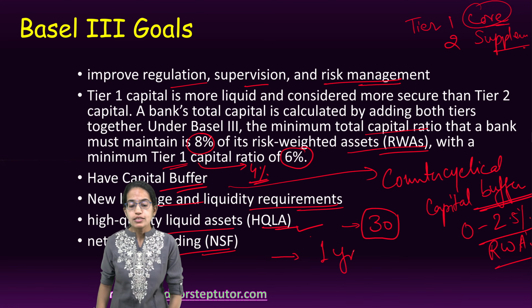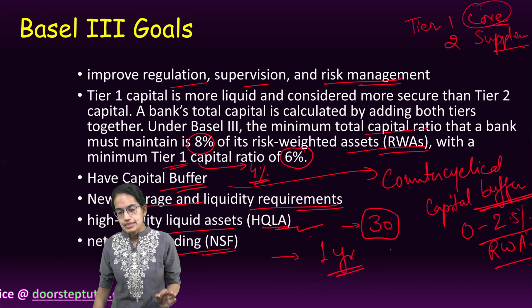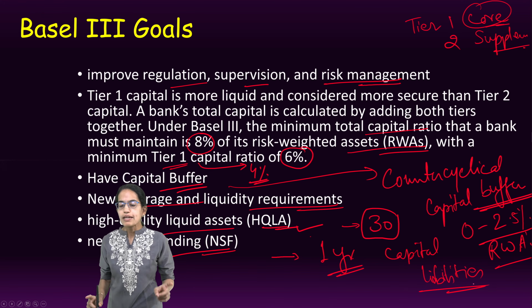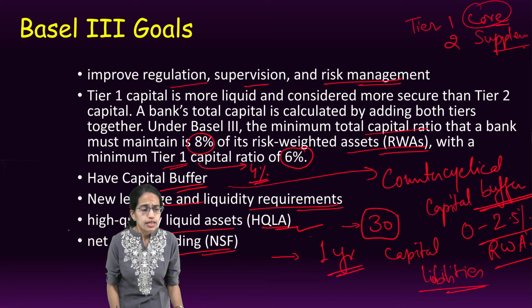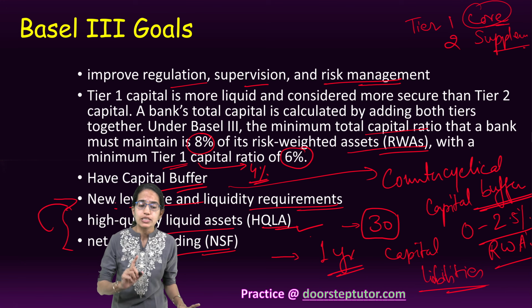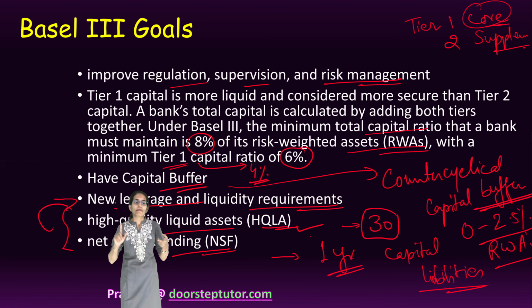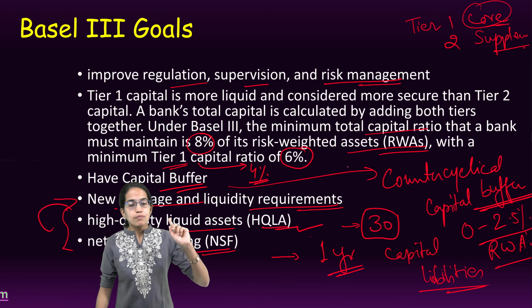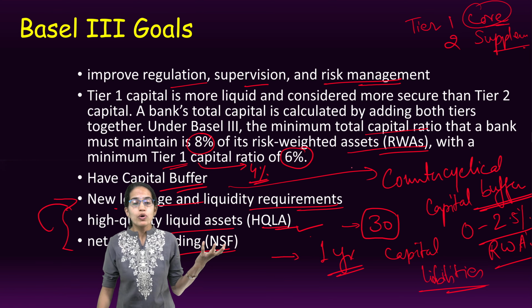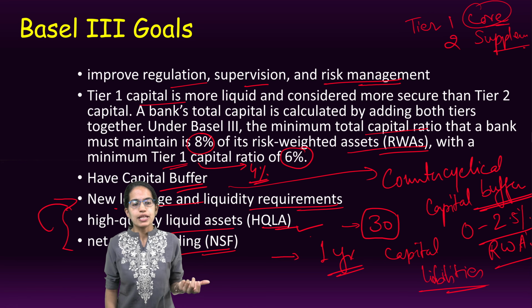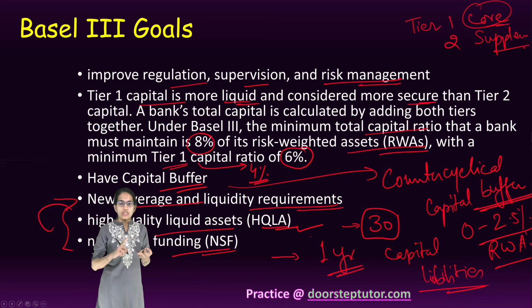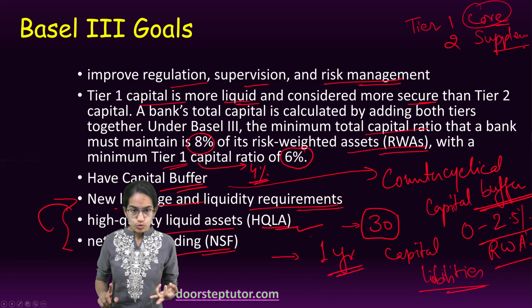So these 2 points are taken under the new leverage and liquidity requirements, then the capital buffer, and increasing the proportion of tier 1 capital by 2%, and this makes the total capital ratio more liquid, since tier 1 capital is more liquid and more secure. I already explained what tier 1 and tier 2 are. Tier 1 is disclosed, tier 2 is undisclosed reserves, right?